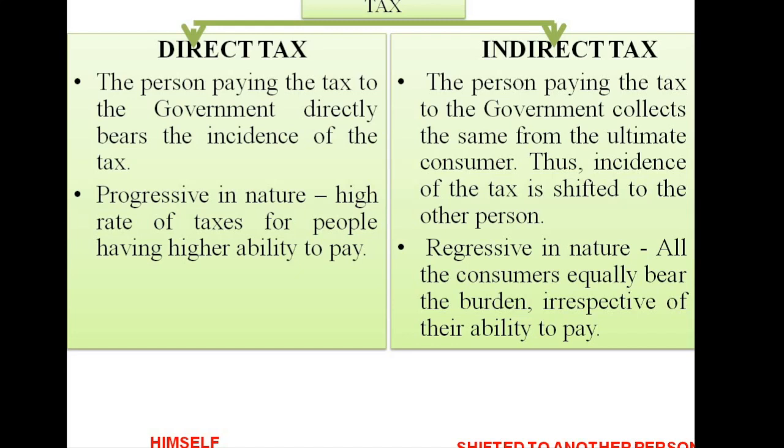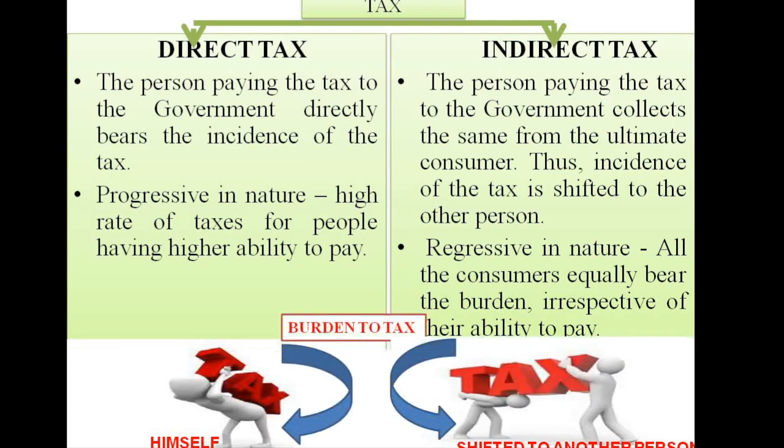But you pay 10 rupees. Now you are also paying 1 rupee as a tax, which is collected from the end user. But ultimately that is to be deposited by that shopkeeper. So you are not directly depositing that amount with the government. That's why it is called an indirect tax, and that's why it is regressive in nature.